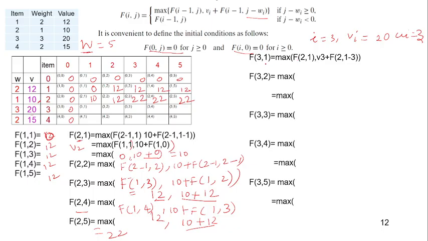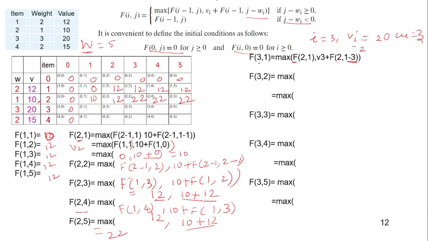First two I will calculate. So 3 comma 1: maximum of i minus 1, so 3 minus 1, 2, comma j 1, plus V3 plus f of 2 comma the weight to be considered. j is 1, so 1 minus 3, which is a negative value, less than 0.